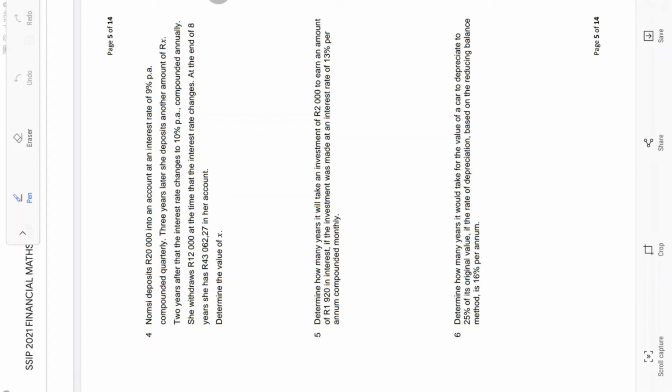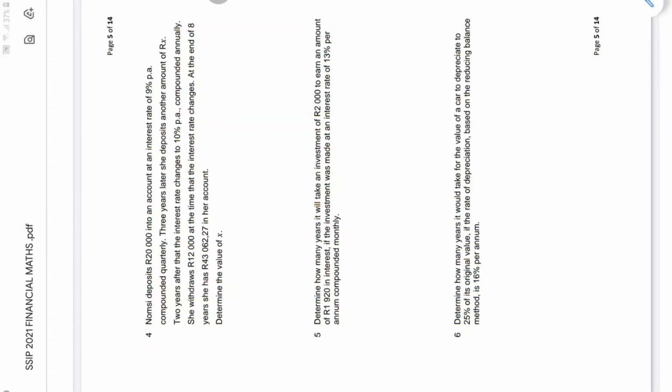NOMC deposits 20,000 into an account at an interest rate of 9% per annum compounded quarterly. 3 years later, she deposits another amount of X rands. 2 years after that, the interest rate changes to 10% per annum compounded annually.